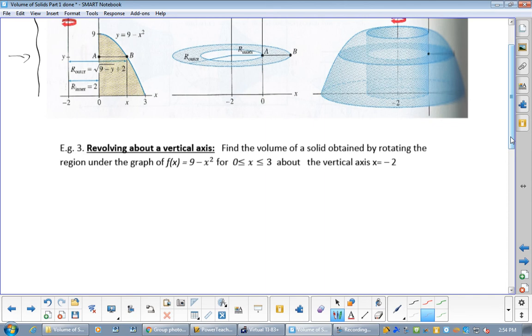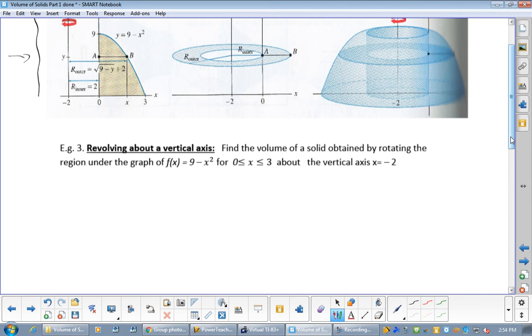Now, when you're doing it about a vertical axis, these are a little bit more tough. You've got to convert everything to x equals. Okay, so that's the first thing you have to know. And the second thing, again, if I'm looking from there, this is under it, right? So then I will go minus c.